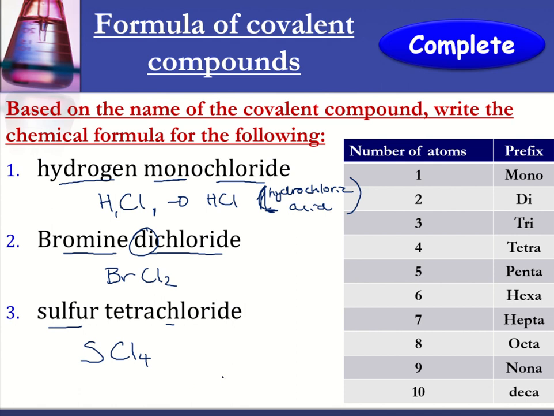Remember though, the major difference with ionic compounds, so ionic compounds don't use prefixes, okay? So if you do come across any ionic compound, you won't need to call it mono, di, tri, or tetra. That's not required.